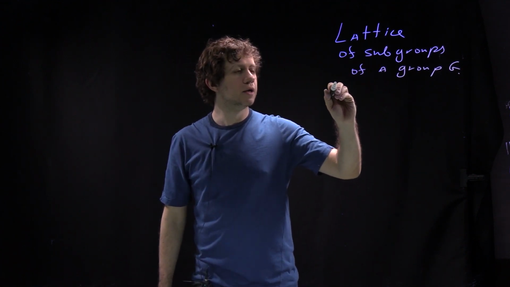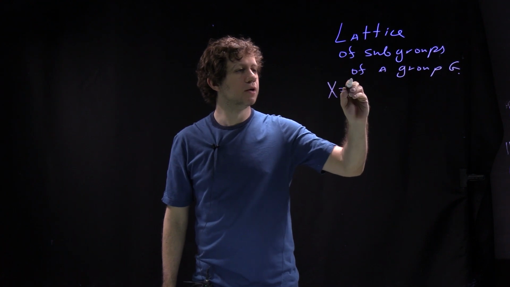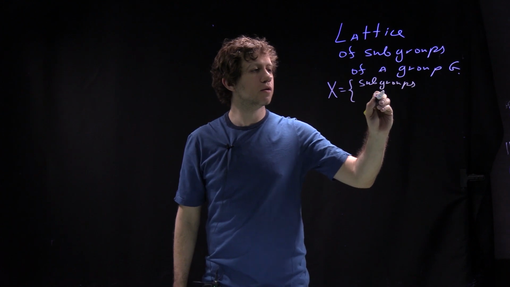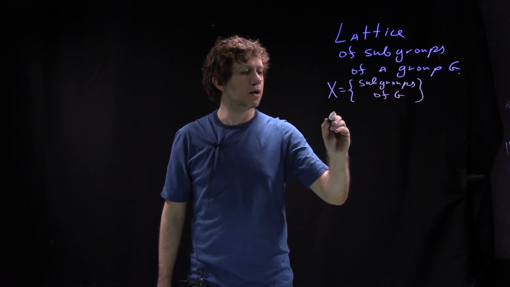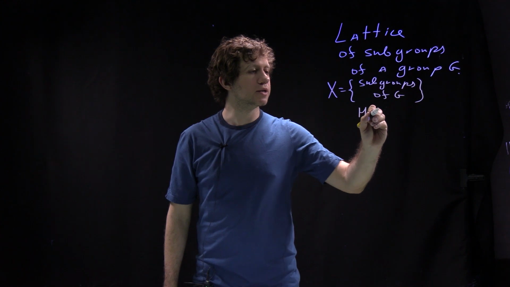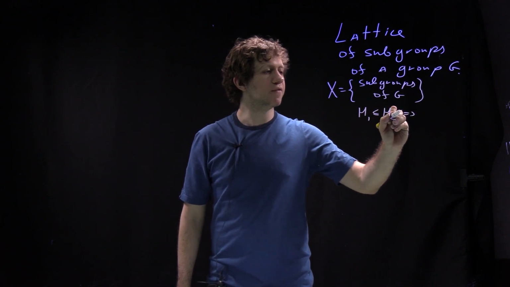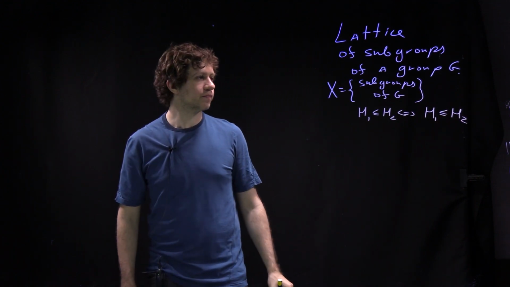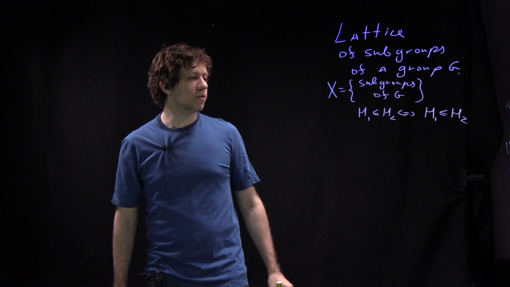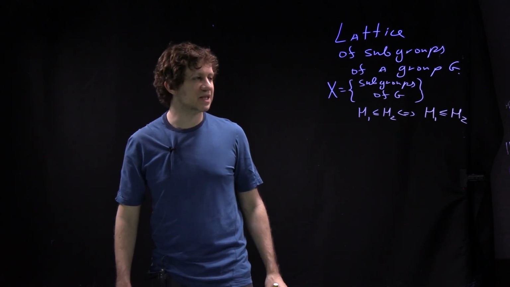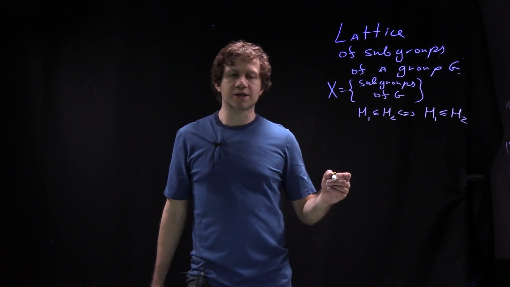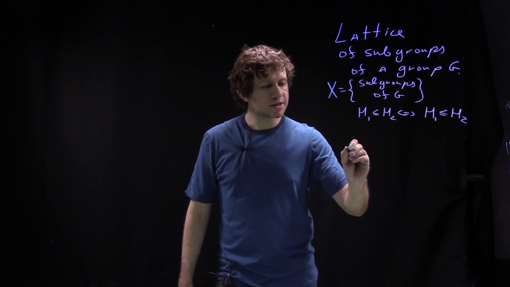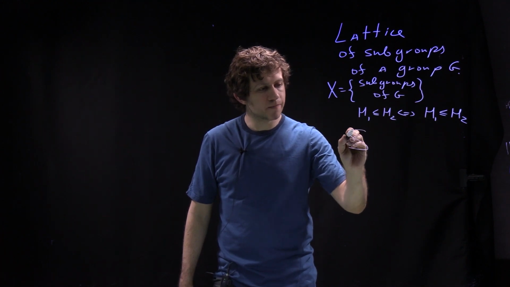So you have as a set X the subgroups of G, and a subgroup H1 is less or equal than H2 if and only if H1 is a subgroup of H2, and this is funny because that's how we denote subgroup. So kind of silly. Anyways, so let's look at some examples. And also I will explain the notation which is typically used here. So let's start maybe with S3.